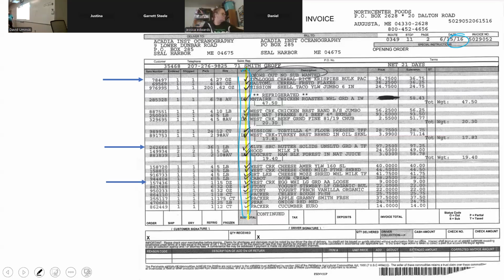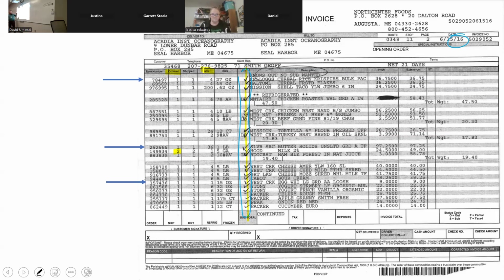Okay. Then we have the number ordered. You see most of it's 1 except for maybe the milk. I have two ordered. The pack is how many items are in that package.